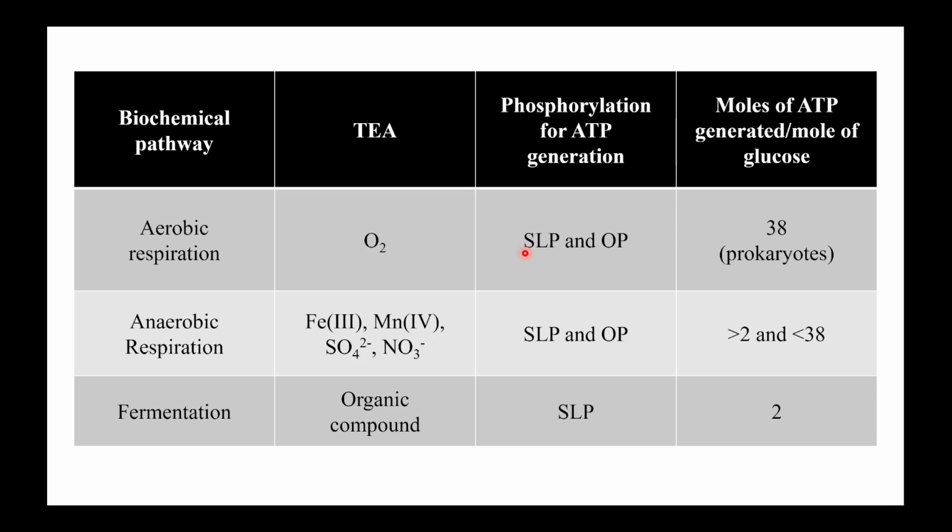And the other molecules of ATP that are generated by the ATP synthase, by that proton pump, that is the oxidative phosphorylation pathway. In that case, the ATP is directly formed from ADP. The phosphate is attached to the ADP by the proton pump powering the ATP synthase.